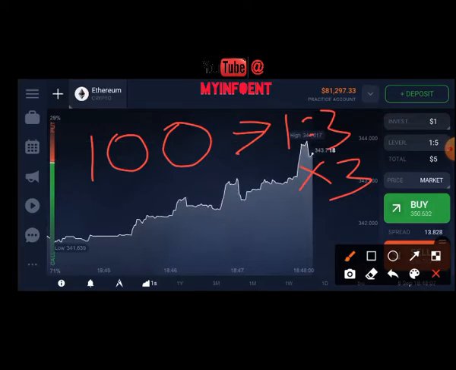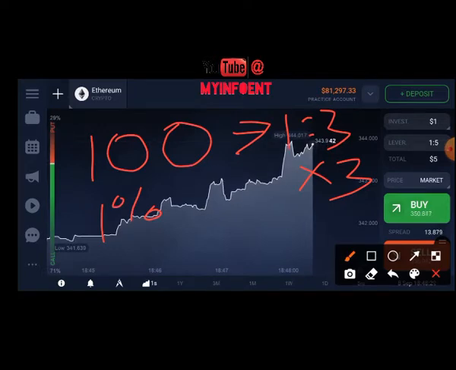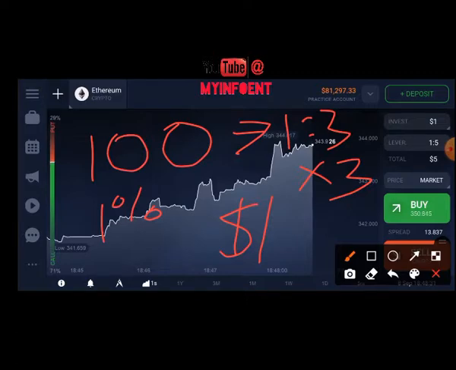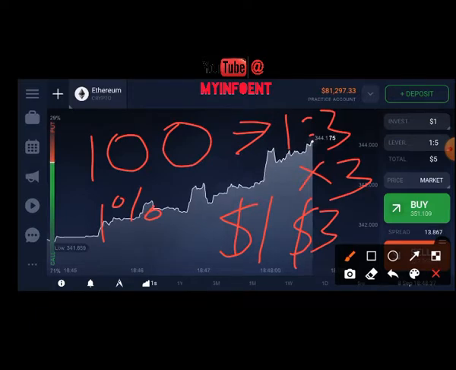This simply means that if the price of Bitcoin increases by 1%, normally if you're trading Bitcoin without leverage, you're supposed to get $1. But because you're trading with a leverage of 3, you will now get times 3 of what you're supposed to make, which is what? $3. If it increases by 1%.